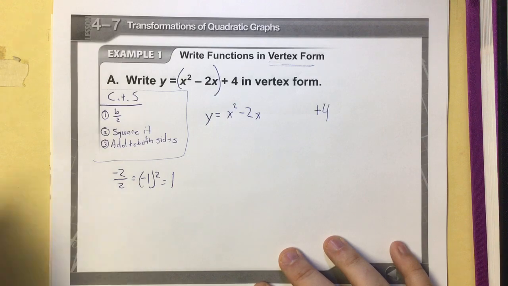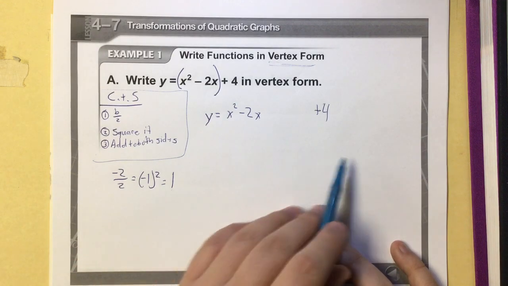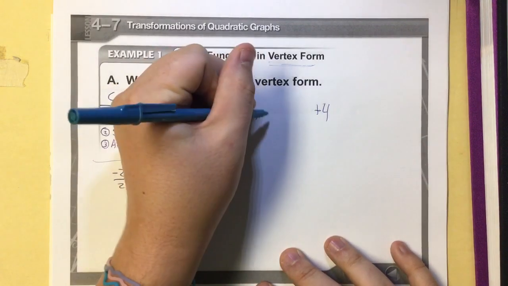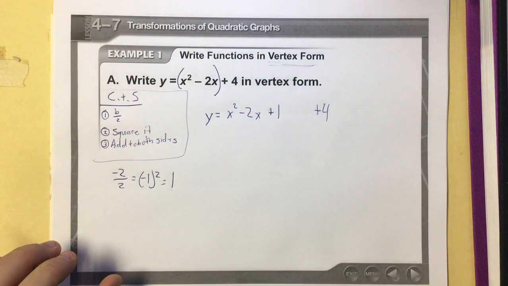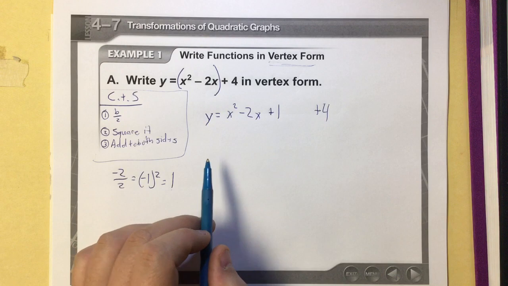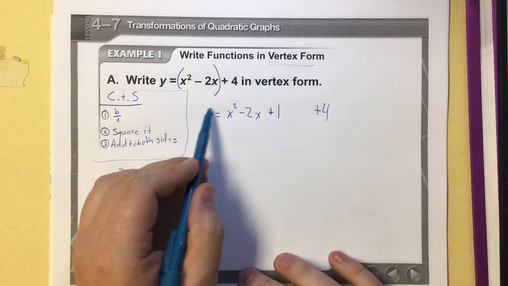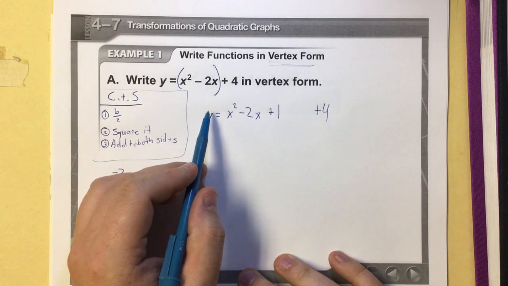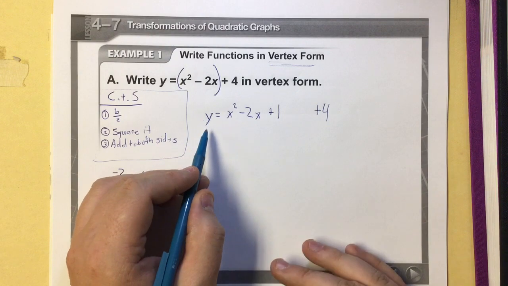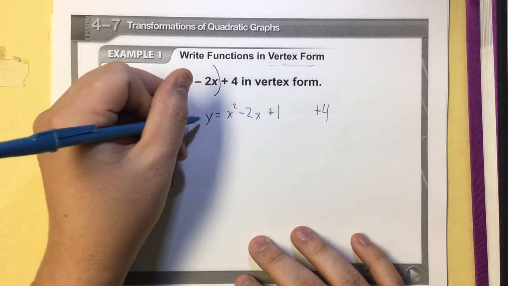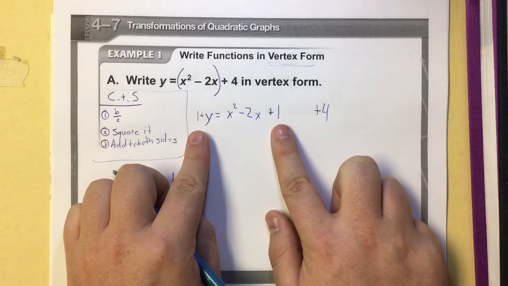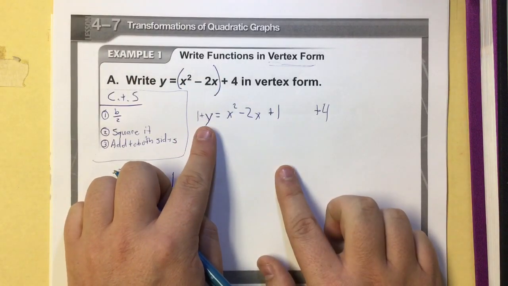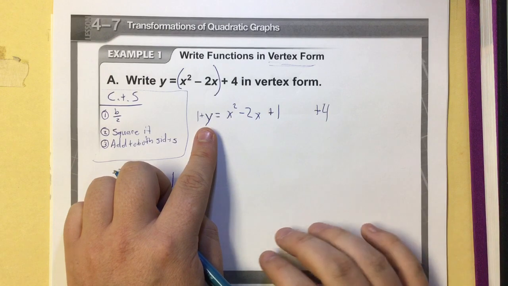With regular completing the square, we would now add 1 to both sides of the equation. So I'm going to add 1 over here, but the problem is, in order to be able to graph this equation, I need it to just be y equals by itself. I don't want a y plus 1 over here. But let's think: if I had added 1 to this side, add 1 to both sides, if I need to get y by itself, what can I do?